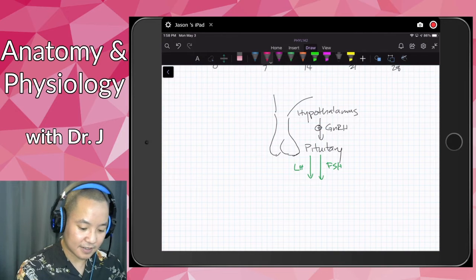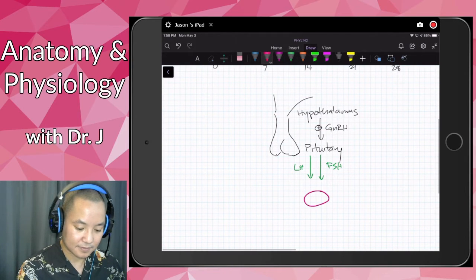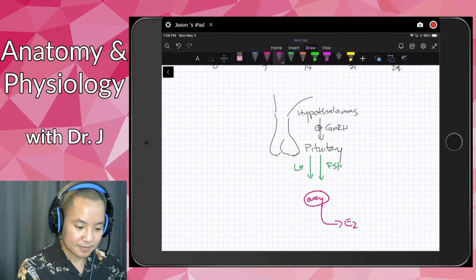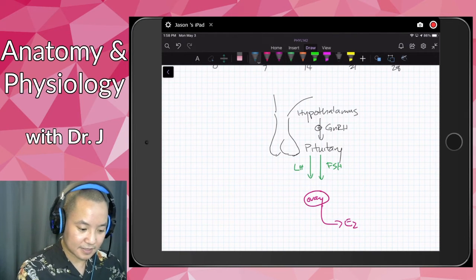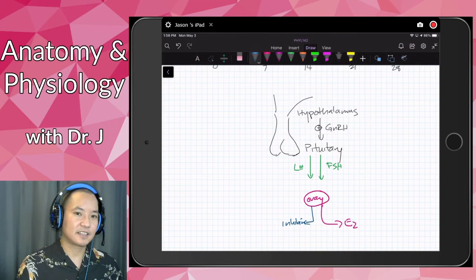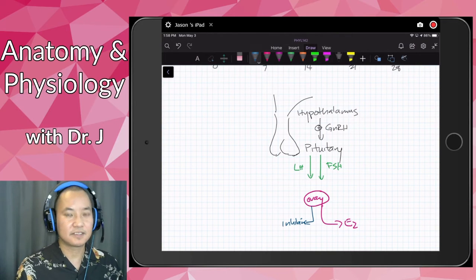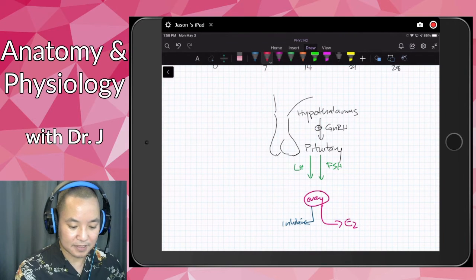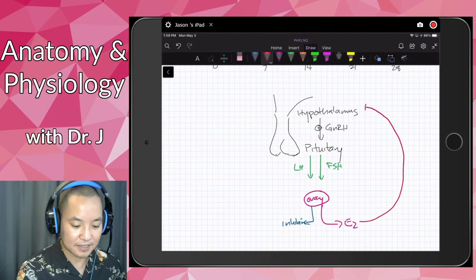And that's going to target our ovaries, which secrete estradiol, and for now let's just add inhibin as well. Now here's the interesting thing. So estradiol does do negative feedback on the hypothalamus and pituitary, so it does apply the brakes here.